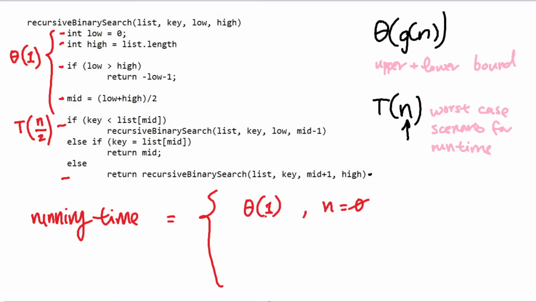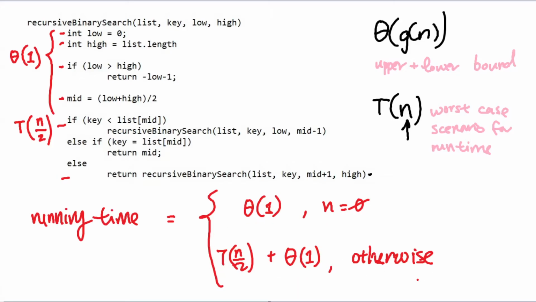But what's more important is what we just discovered up here: otherwise, if n is not equal to 0, our list actually exists and has some elements, it's going to be equal to theta of 1 plus T of n over 2. That's the concept behind the running time.